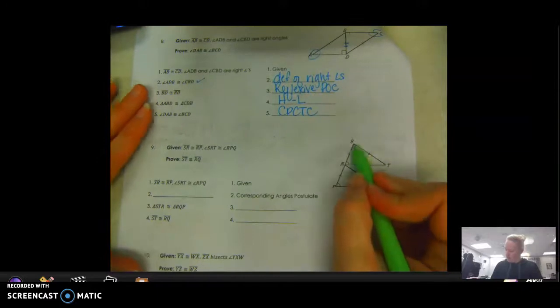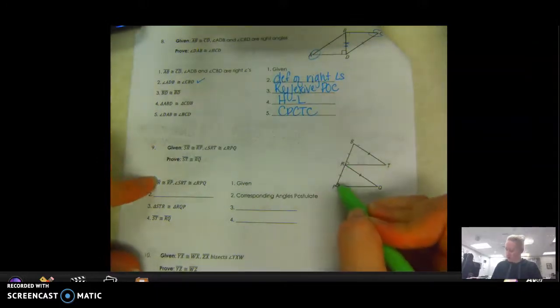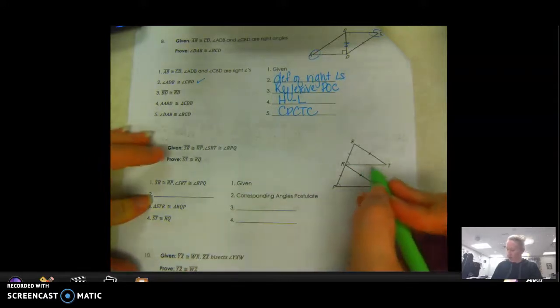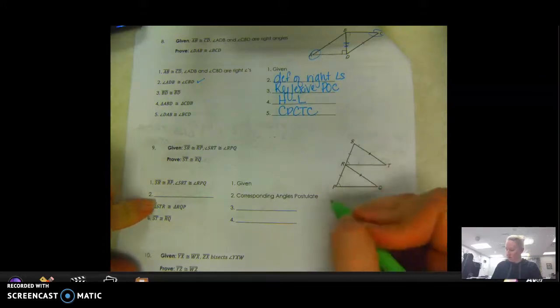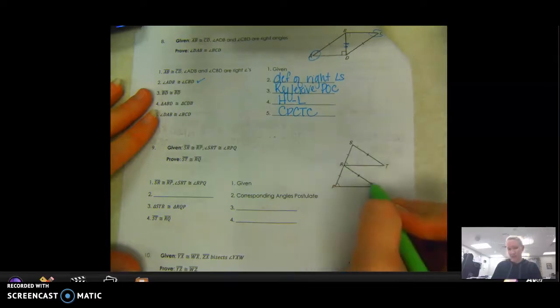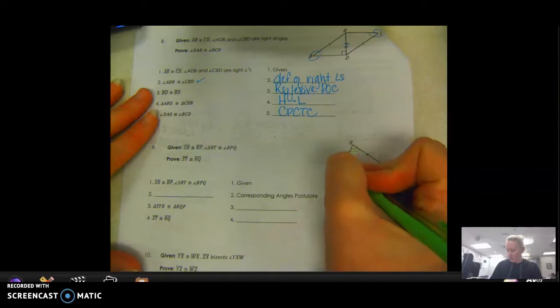All right, next one. SR is congruent to RP, and then this angle is congruent to this angle. Okay, that's my given. Something I know because of the corresponding angles postulate. Well, this angle is congruent to this angle. They've already proven this, or sorry, this side is parallel to this side. Corresponding angles would be angles in the same parts.